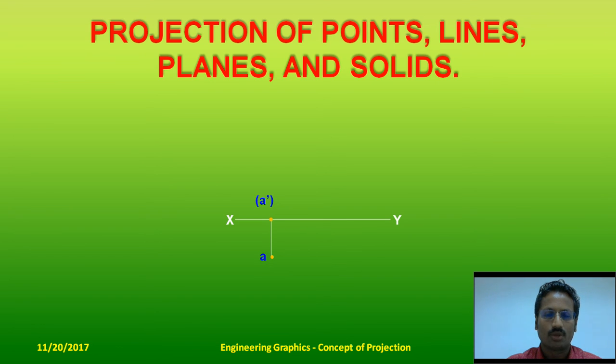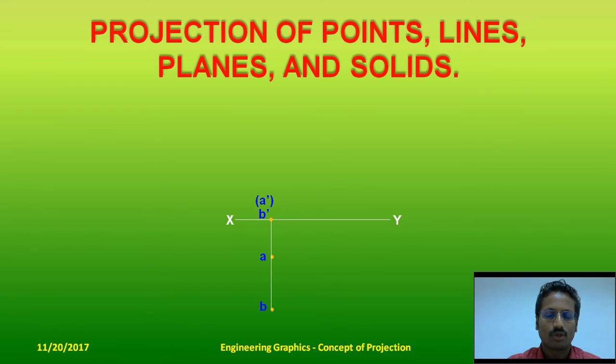We'll come back to why this A dash is within the brackets. There's a point B, then we obtain B dash. Clearly you see the point A is going to be in front of VP, the point B is also in front of VP, and they are on HP because A dash and B dash are marked on the line XY, they are not above.